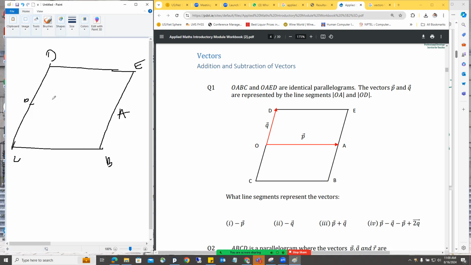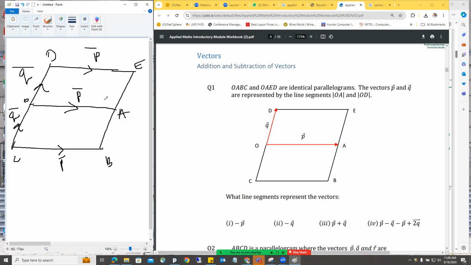From here to here, we have vector P, and from here to here, we have vector Q. Since these two are identical parallelograms, for this side also we have vector P, and for this side we have vector Q. Look at the arrow side.